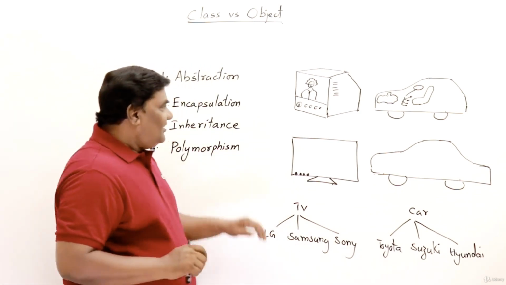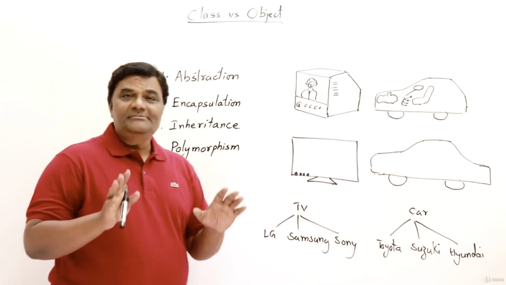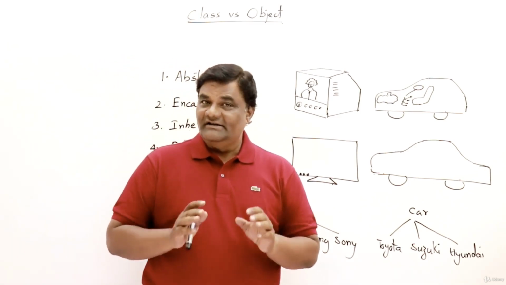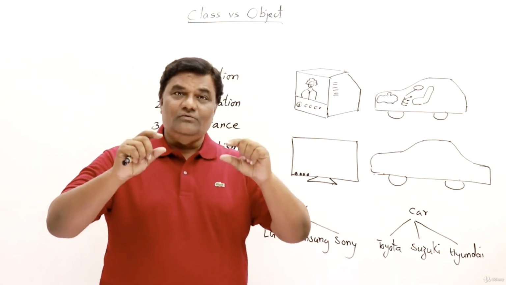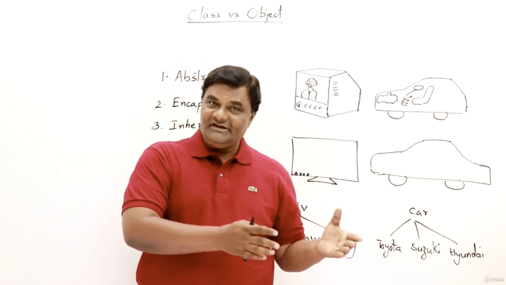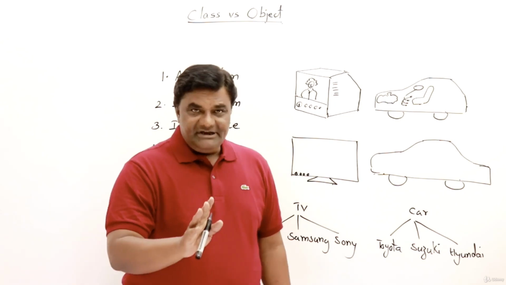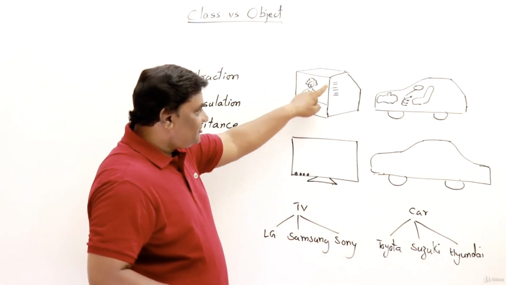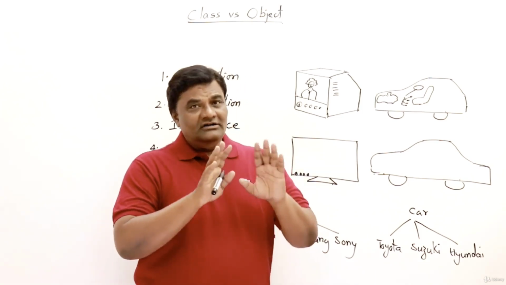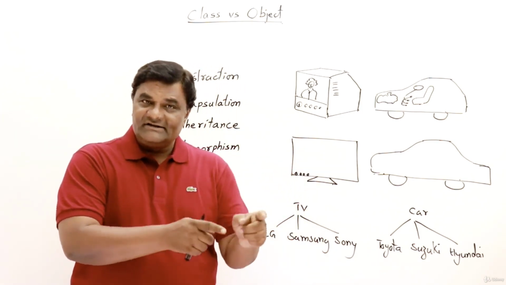Let us observe abstraction. What is the meaning of abstraction? Abstraction means hiding internal details and showing only required features. This is what we find in other engineering also. Let us see what it means. See, this is a television. How does it work? There is some electronic circuitry inside, and all the functionalities are done by electronic circuitry.